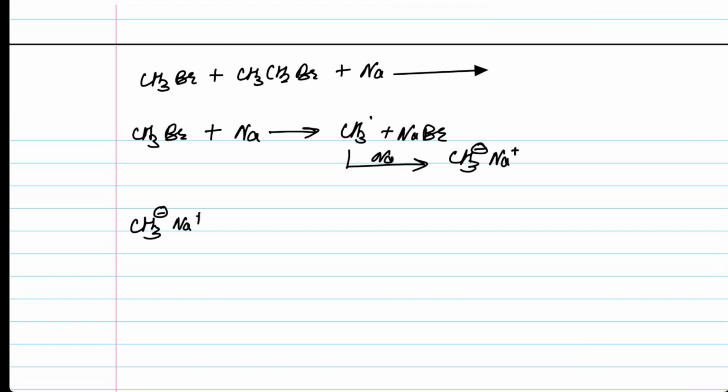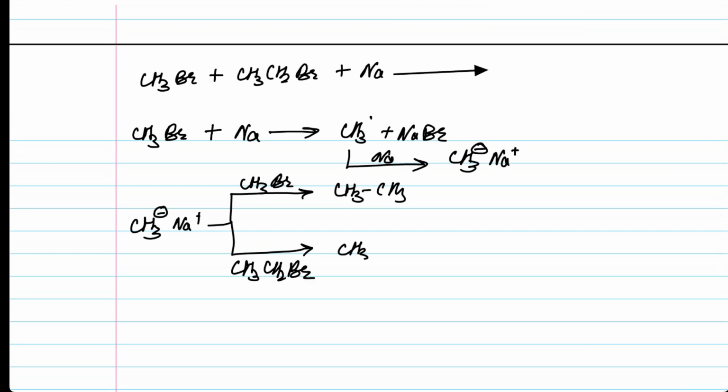Now this CH3 minus Na plus can react with any of the two species present in the reaction mixture. It can react with CH3Br, which is present in the reaction mixture, and it's going to give us CH3CH3. And it can also react with CH3CH2Br, which again is present in the reaction mixture, to give us CH3CH2CH3.